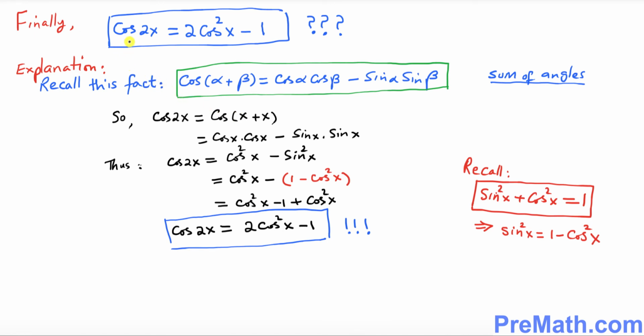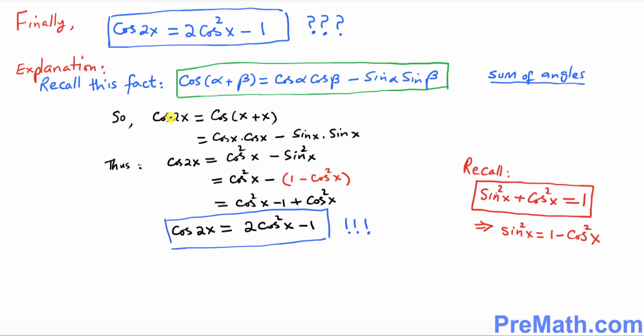And finally, I'm going to explain to you how we came up with cosine of 2x equals 2 cosine square of x minus 1. Here's the explanation. Do you recall this sum of angle formula for cosine? Cosine of alpha plus beta equals cosine of alpha cosine of beta minus sine alpha sine of beta.